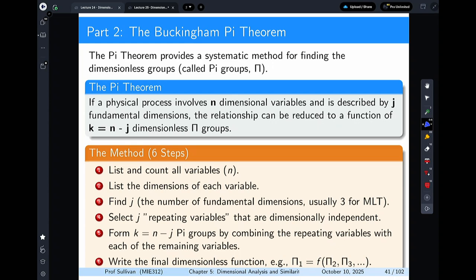That's kind of helpful for this. But find j, the number of fundamental dimensions, usually 3 for MLT. That's where we usually go with all of this stuff. Sometimes we have theta, which is associated with temperature.